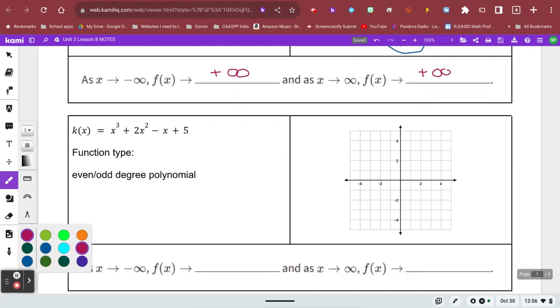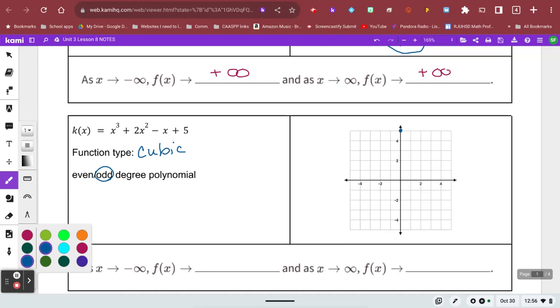Okay, this one is a cubic. Cube means 3. It is an odd one. As we graph, it is going to cross at about the 5 up here.